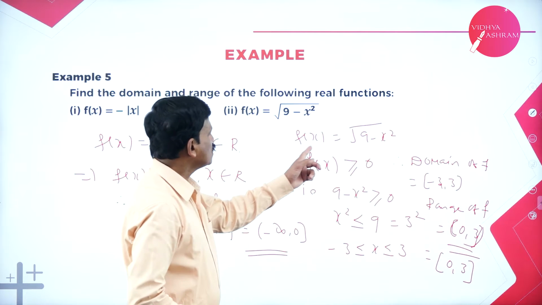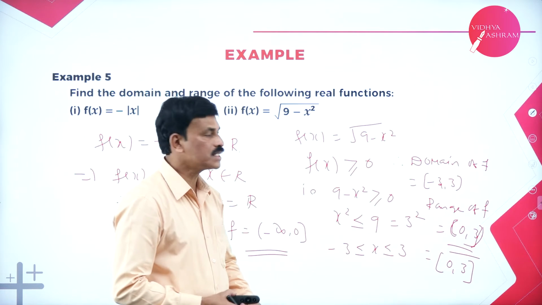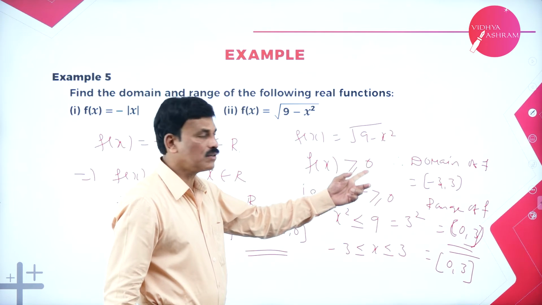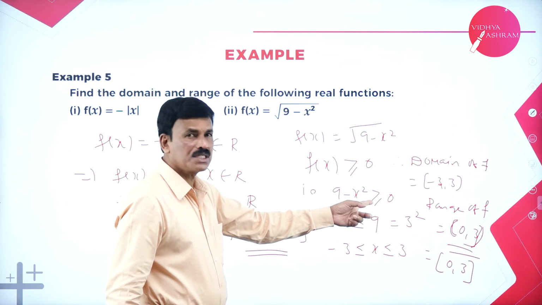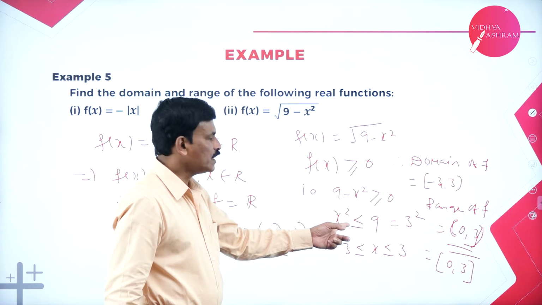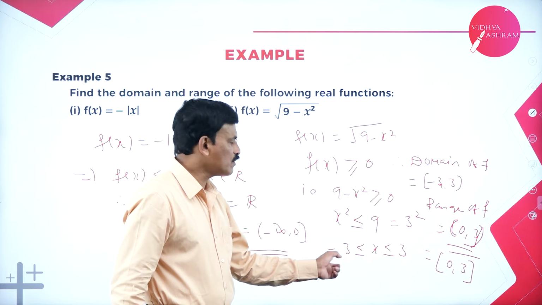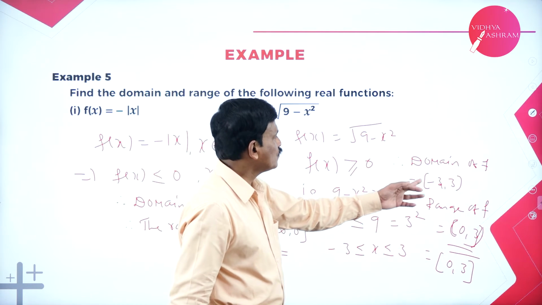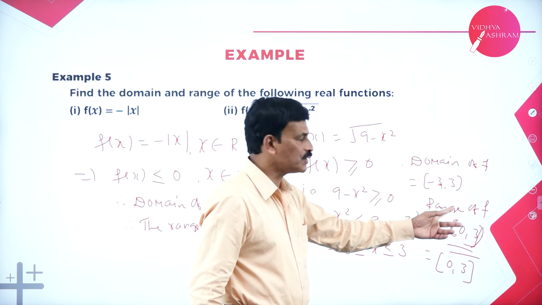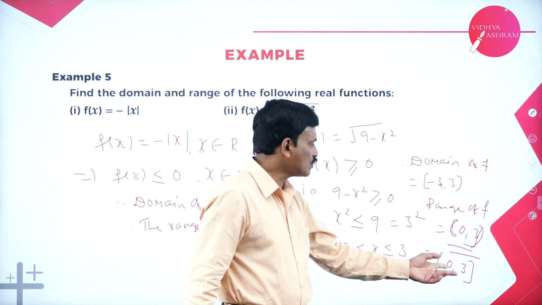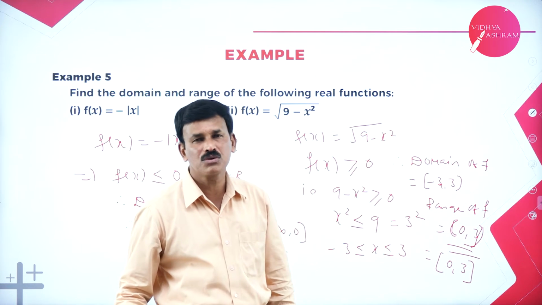Since f of x is equal to root of 9 minus x square, f of x is greater than or equal to 0, means 9 minus x square is greater than or equal to 0, or x square is less than or equal to 9, that is 3 square. That means x lies between minus 3 and plus 3. Therefore the domain of f is minus 3 comma 3 and the range of f is equal to 0 comma 3. That's it. Closed interval.